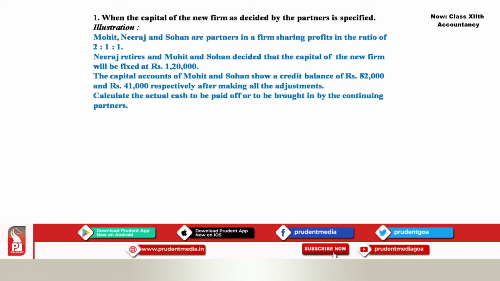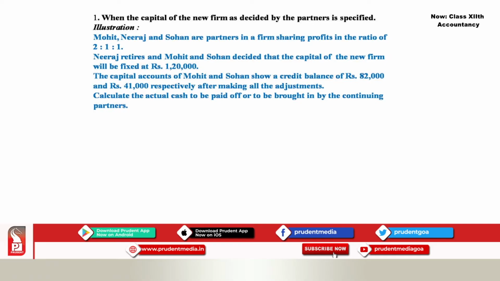There is one illustration solved here. Who are the partners here? Mohit, Neeraj and Sohan are partners, and they are sharing in the ratio of 2:1:1. Neeraj retires and Mohit and Sohan decided that the capital of the new firm will be fixed at rupees 1,20,000. So, in this problem, the capital is given to you.